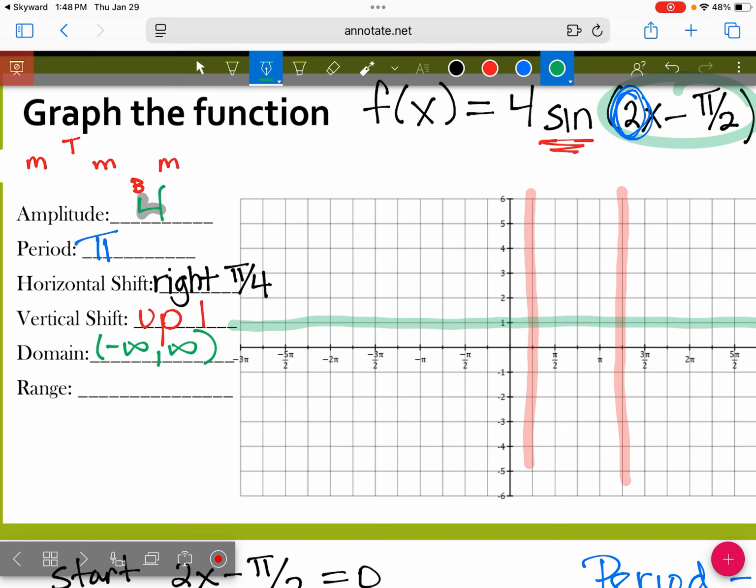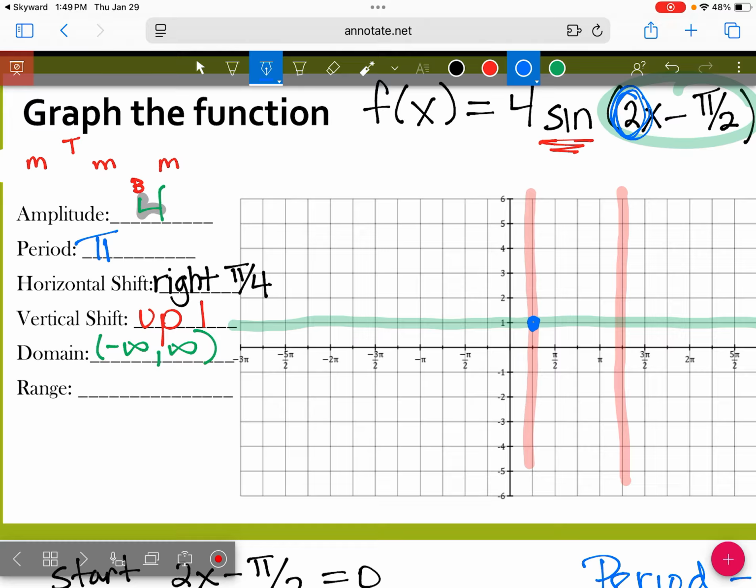So I'm going to put a point right here, right on the middle. And then I'm going to go to the top. When I hop here, I'm right here. How many times do I need to go up to get to the top of the wave? 1, 2, 3, 4.